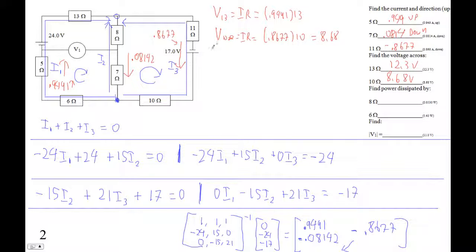Okay, so to find the power is I squared R. So for the 8 ohm one, let's see, where's the 8? There it is right there. So it's 0.08142 squared. This will be a small number times 8, that's the 8 ohm. 0.08142 squared times 8 is 0.0530 watts.